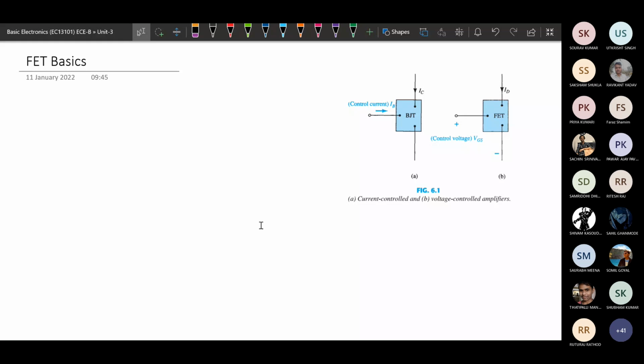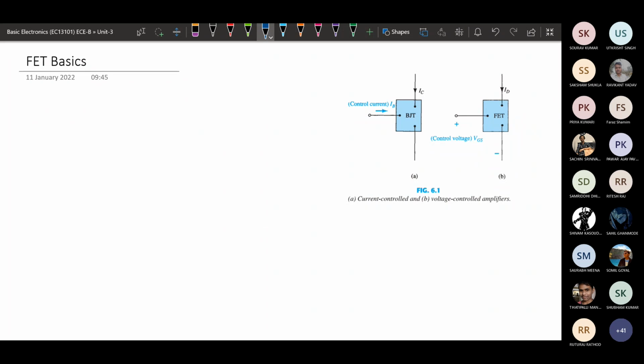In this class we will be going with the introduction part. From the next class onwards we will be going with the working of the FETs. We will see how FETs are defined and how their construction is.